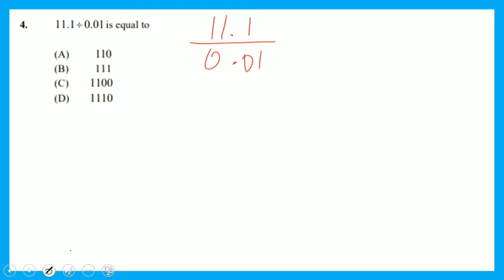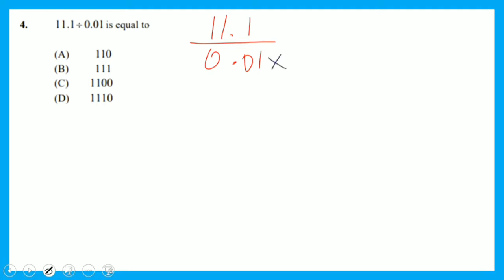So you want to make this a whole number, which means in this case you want to make this 1. You want that decimal point to be behind the 1. And how exactly do we do that? I think we would have mentioned this yesterday as well. There's a little strategy.